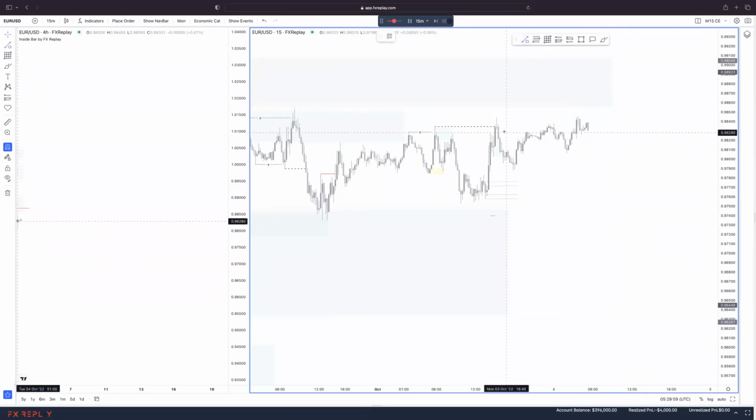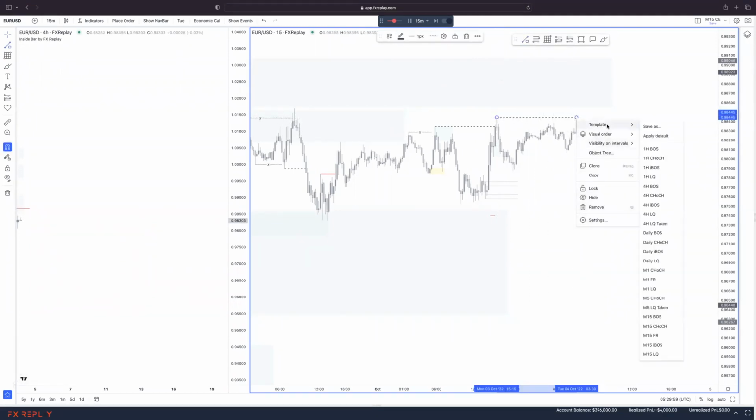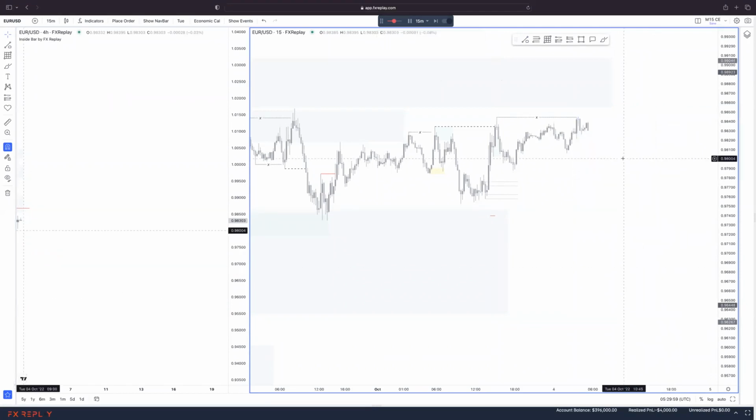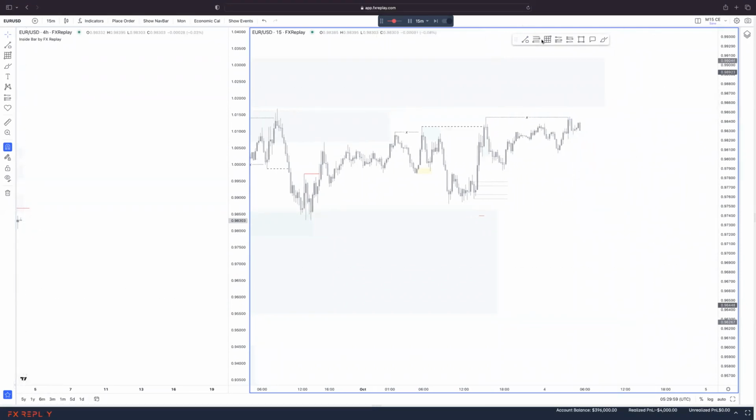So swept the high here, no close above yet. This is PBL, so backward hold.